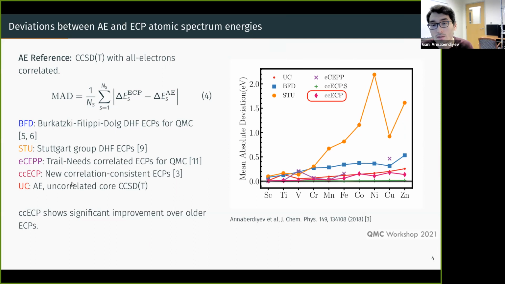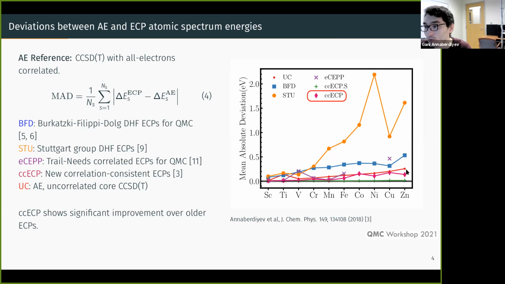This UC is an all-electron calculation, as you can see here in the red, but it does not correlate the corresponding core in the coupled cluster calculation. So all of those electrons are frozen and they're not excited, essentially. If you look at the graph here, some of the ECPs have really large errors in the MADs, but this reddish purplish color is the CCECP, and it shows a significant improvement over older generations.